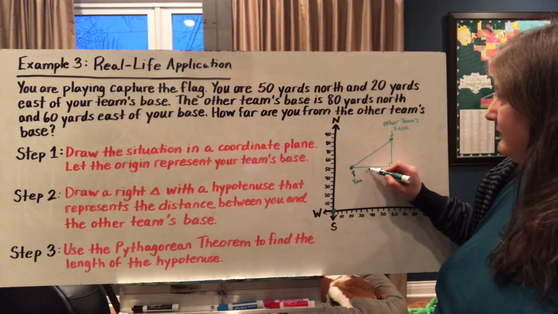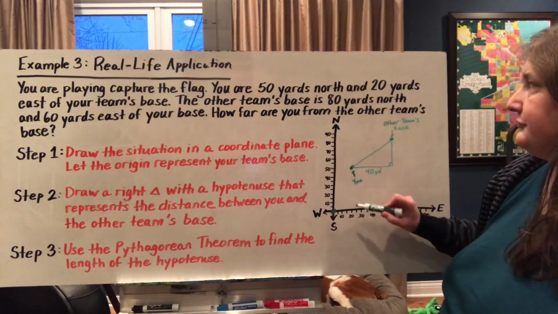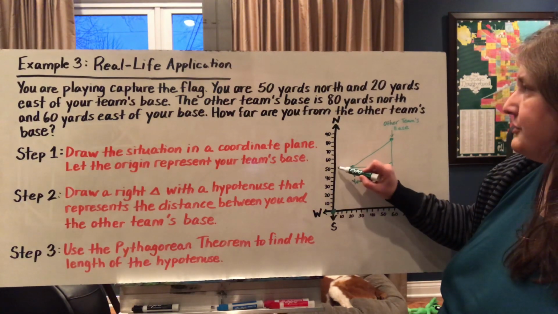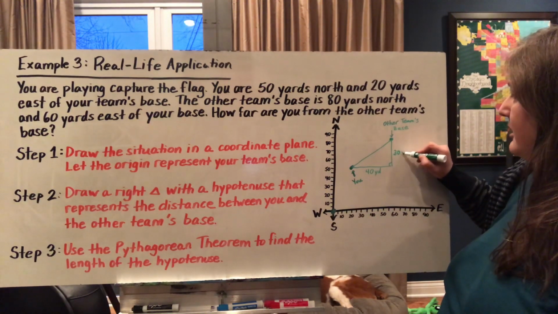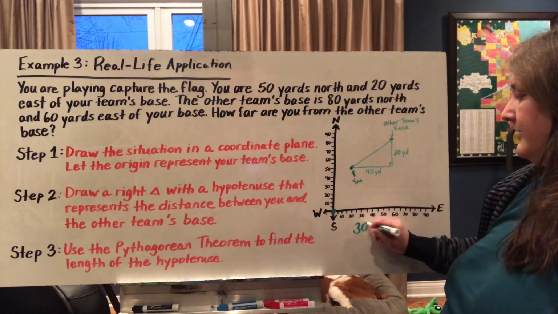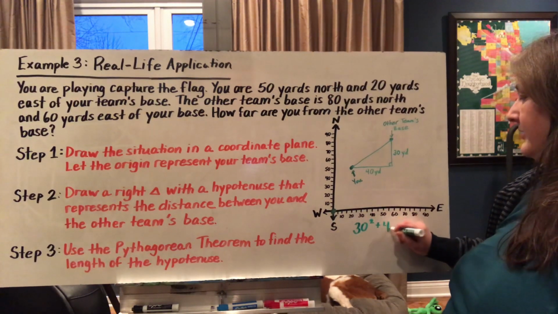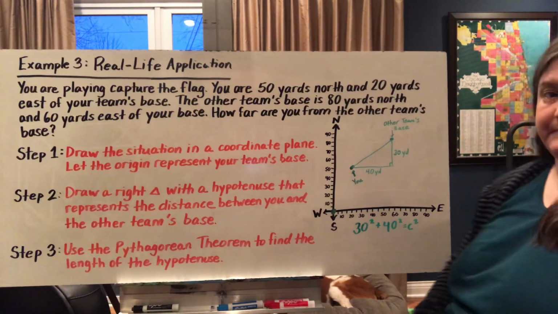So that means this is a total here of 40 yards. I also know that I was 50 yards north and their base is 80 yards north. So this is a total here of 30 yards. So my legs are 30 and 40. And I'm trying to find the hypotenuse's length.